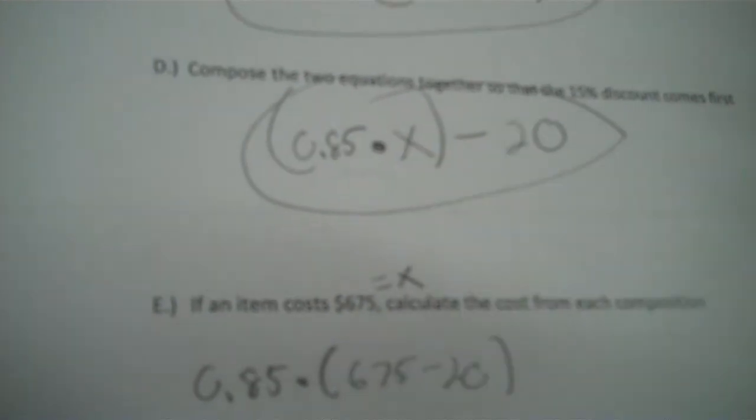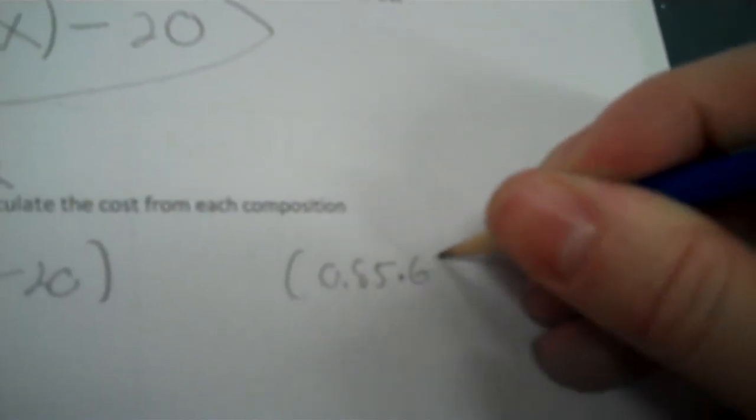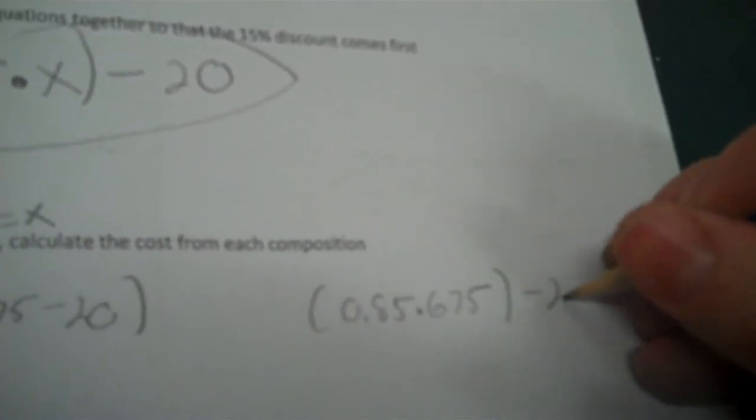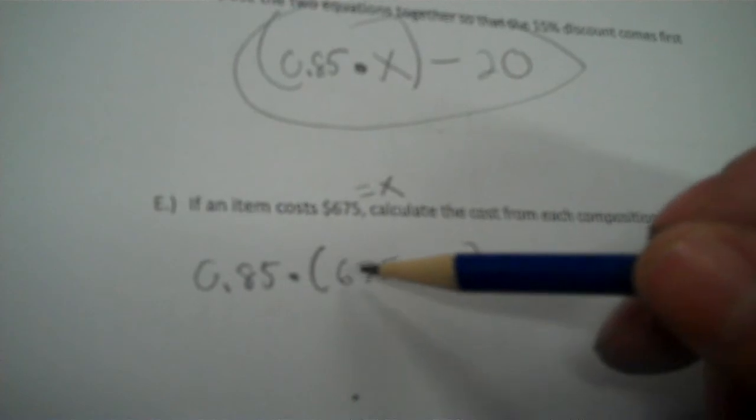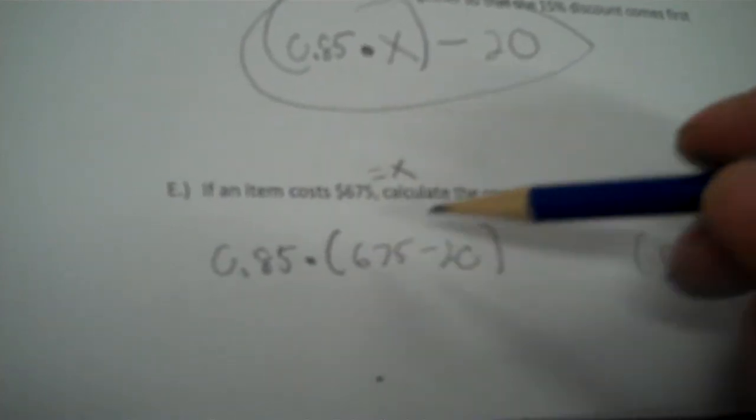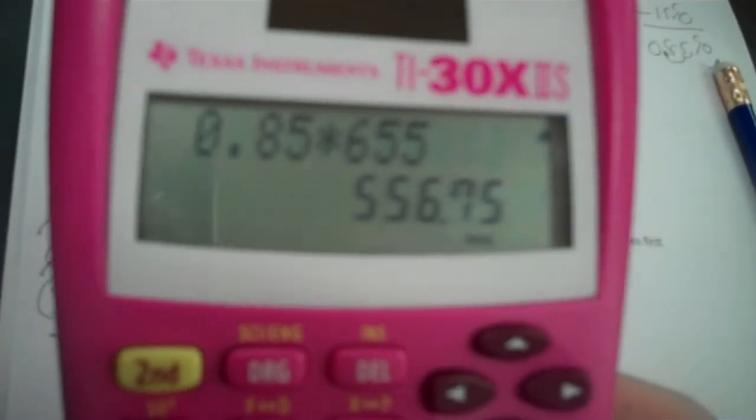Now this goes in for X, so it's going to be 0.85 times 675, close the parentheses, and then minus 20 outside. So we have to do our parentheses first. So 675 minus 20 is 655. And I take 0.85 times 655. $556.75.